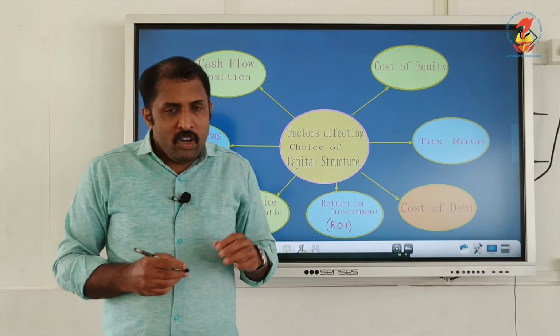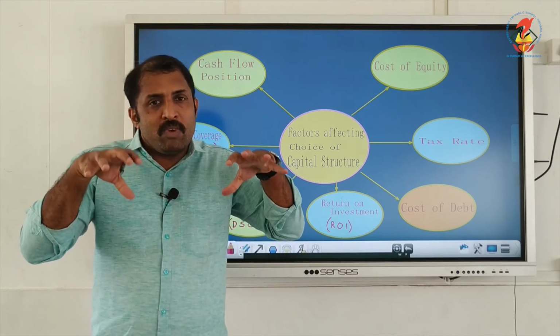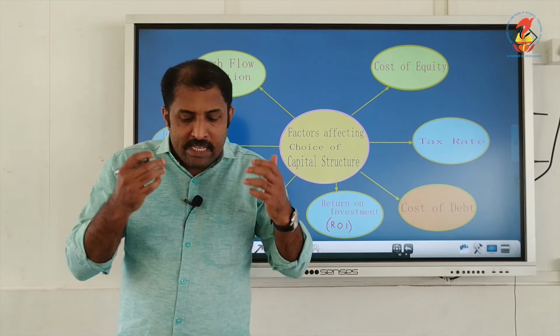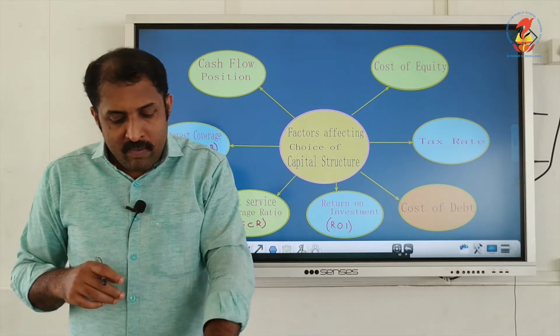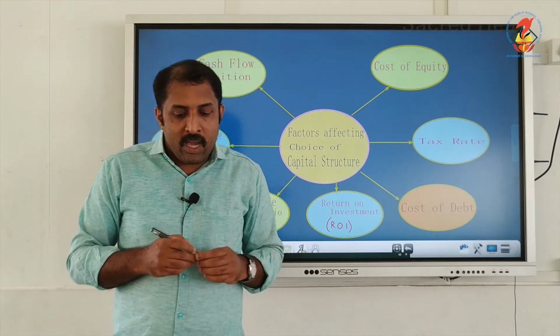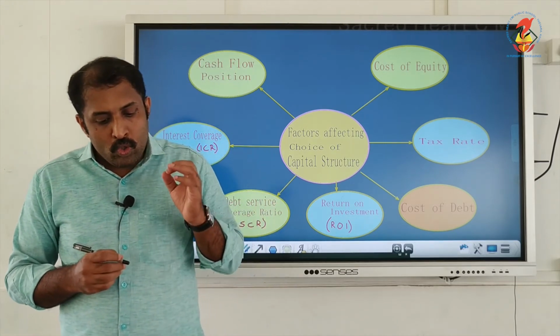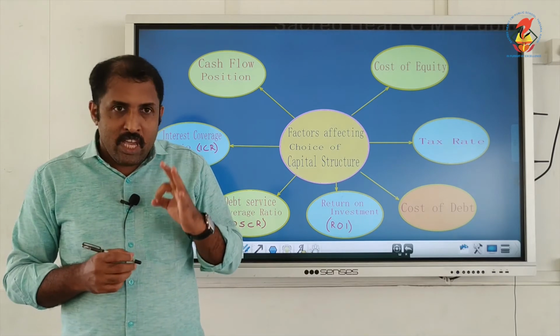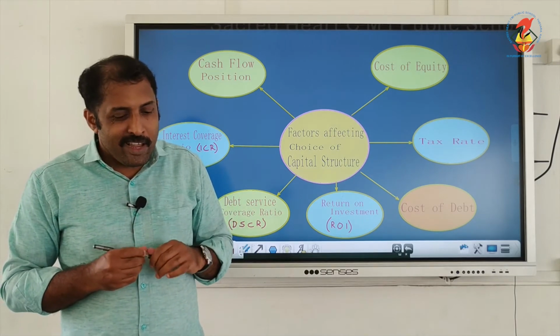Now, return on investment means, for the investment we have made, what is the interest level. If the ROI of a company is higher, it can choose to use trading on equity.